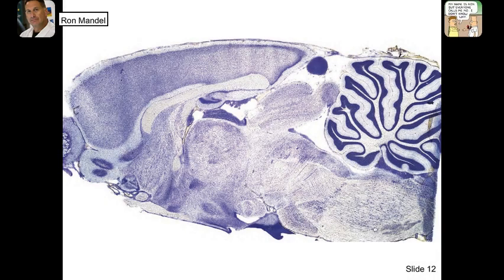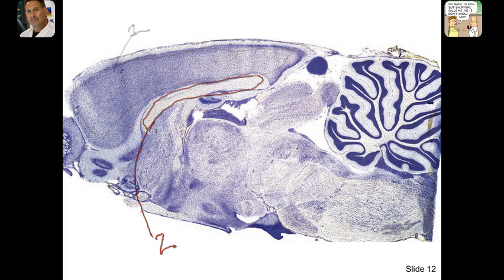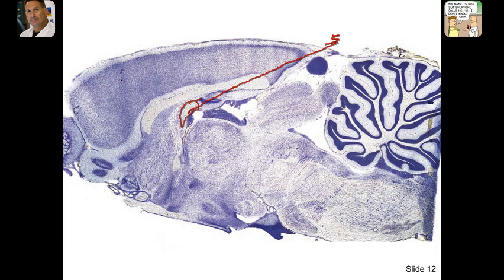This is the cingulate cortex, all of this. This is the corpus callosum. This is the body of the fornix here, and the columns of the fornix here.